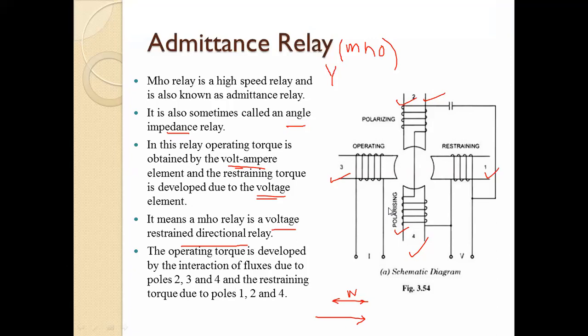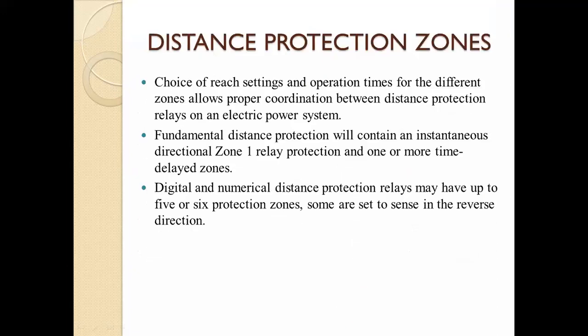So we'll see these relays because these are last points. Now the next point is the distance protection zones. Actually, it is not specially given in the syllabus, but it is important. That's why I'm taking this point.